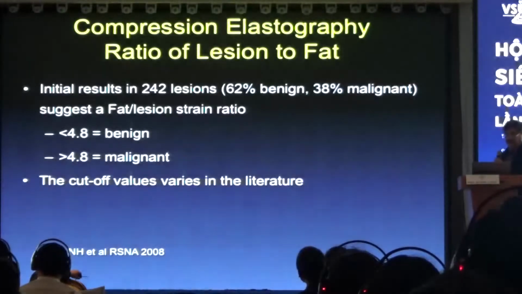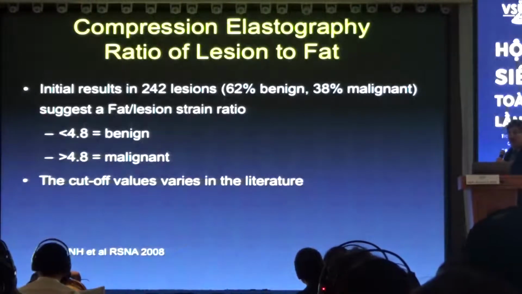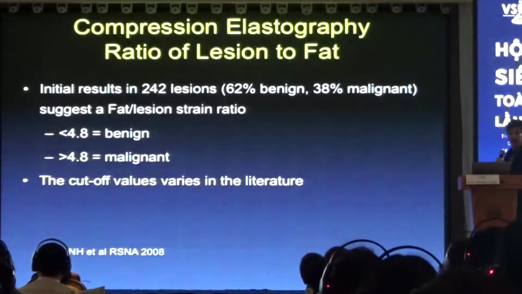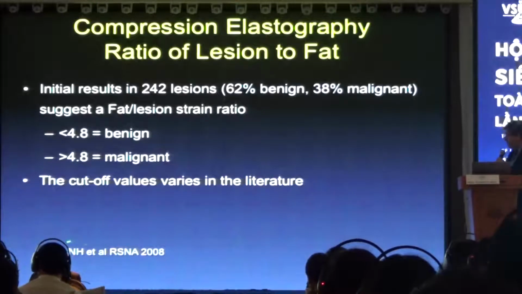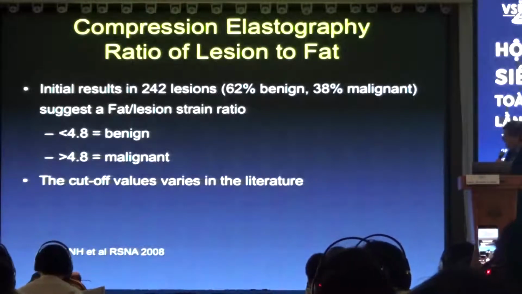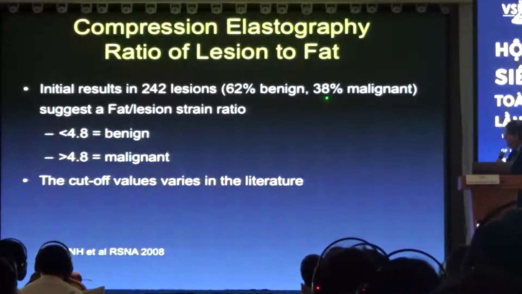Another method of looking at this is, although we don't know how stiff something is based on strain, we can compare how stiff it is to something else. And for breast, we're always going to use fat. And I like to use this study that was presented at RSNA by a group from Turkey that looked at 242 lesions, about 2/3 benign, 1/3 malignant.